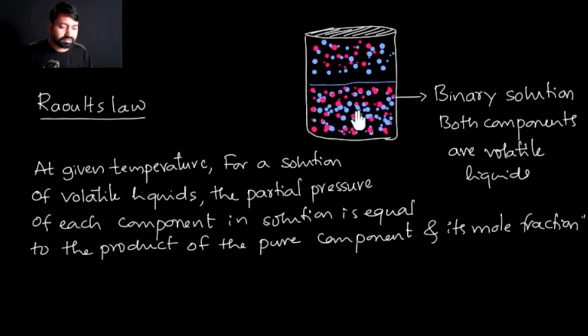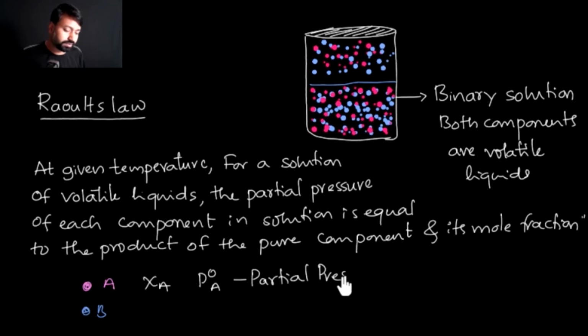Now the same container I will explain here. Let's assume that right now I have the component A and the component B. There are two components, and the mole fraction of A can be given as xi A. The mole fraction of A, and P naught A means the partial pressure of pure liquid.